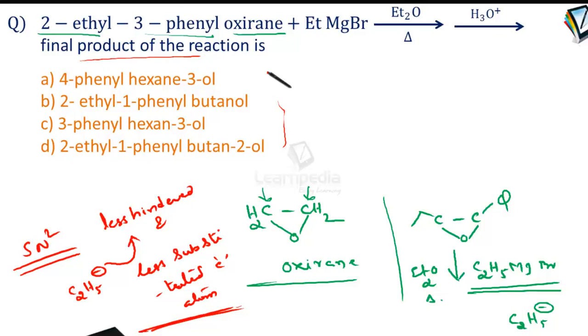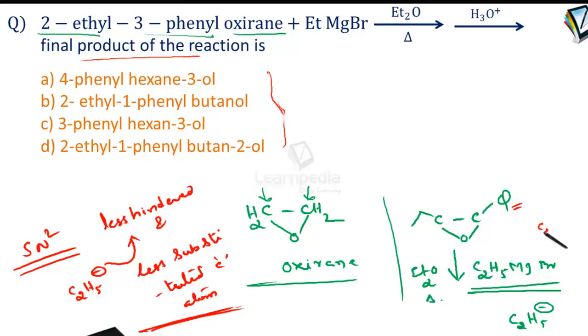And the final product is mentioned with the IUPAC names. So thereby let us see what will be the product of the reaction. Here is the ethyl group, here is the phenyl group we have. So this C2H5 minus will attack the carbon where phenyl group is there, and hence this will shift here.